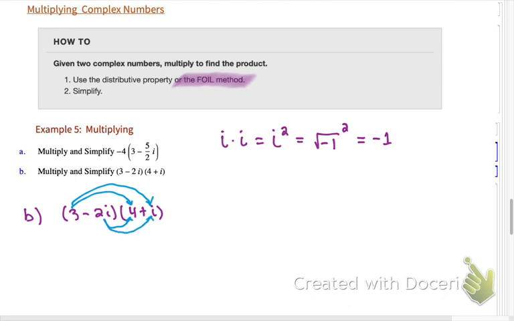Okay, so multiplying 3 by both terms on the right, 3 times 4 is 12. 3 times i is 3i. And then now multiplying negative 2i by the 4 and the i on the right. Negative 2i times 4 is a minus 8i. And negative 2i times i would give us a minus 2i squared. Okay. Now I'll simplify a little bit. We still have the 12 out front.